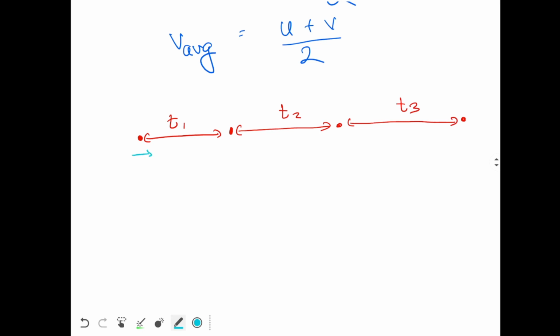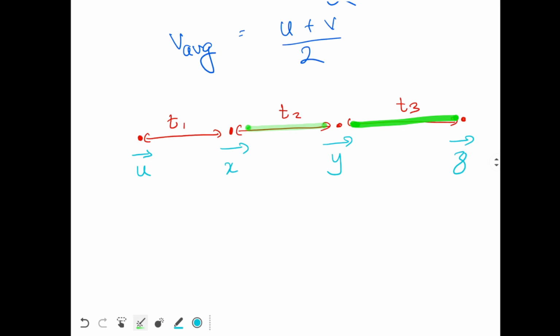Now here we have velocity u. Here we have velocity x. Here we have velocity y, and here we have velocity z. That is, when the particle reaches this point, velocity is u, the initial velocity. When it reaches this point, its velocity is x. Reaching this point, its velocity is y. Reaching this point, its velocity is z. Time interval over here is t1, time interval t2, time interval t3.